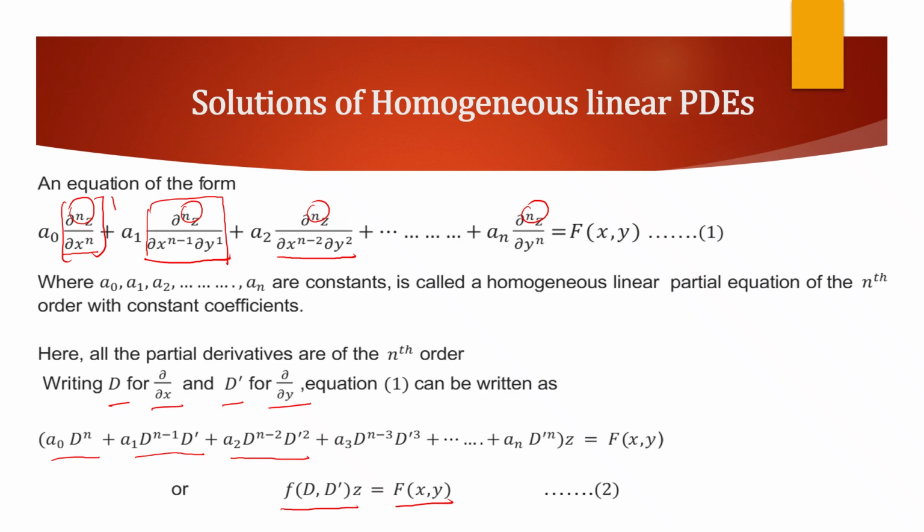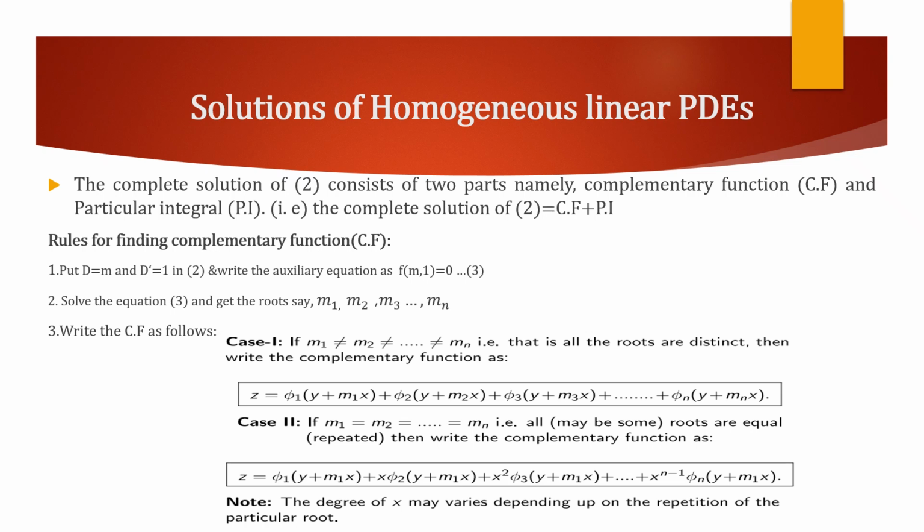Here the general solution of this homogeneous linear PDE will consist of two parts, namely the complementary function and the particular integral. We have our PDE in this form, f(D, D') z is equal to f(x, y).